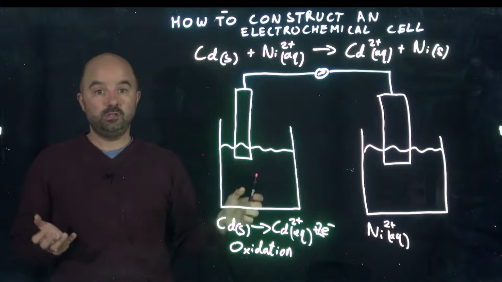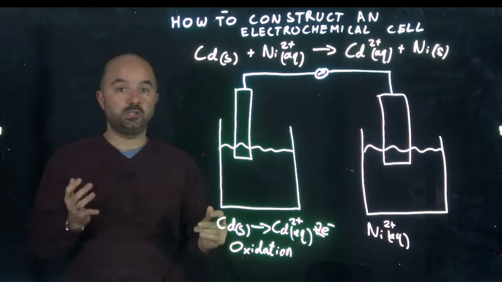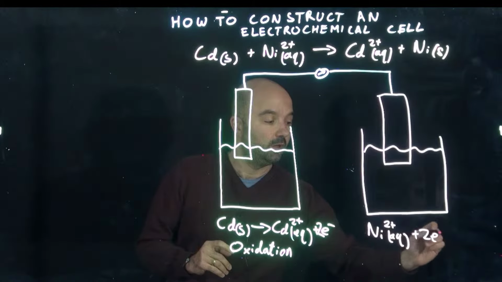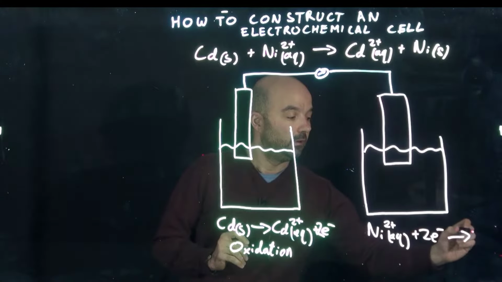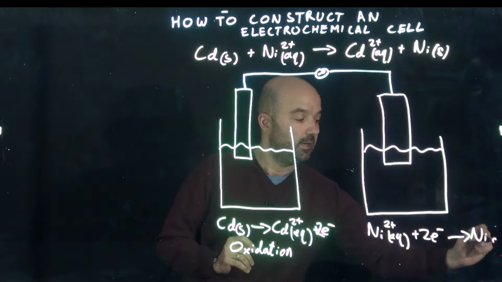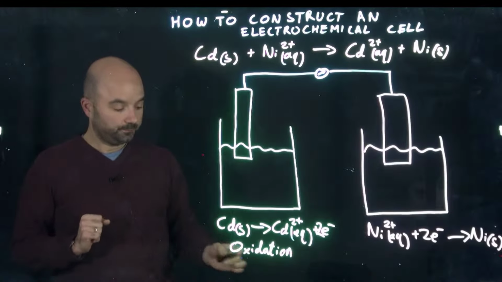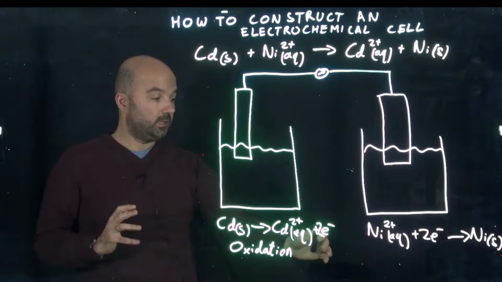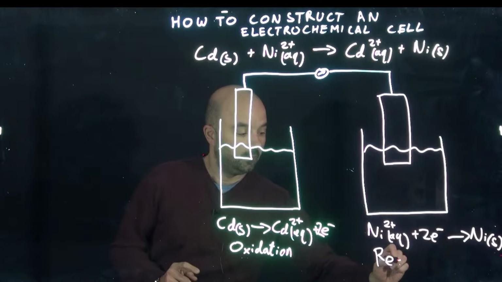So that's a reduction or a decrease in our oxidation state, so therefore we've got reduction. Reduction is gain of electrons, so electrons need to be on the reactant side of this half-cell equation to give a nickel solid. Okay, so that's all good there. And now we can assign this to be the reduction half-cell equation. So let's do that.